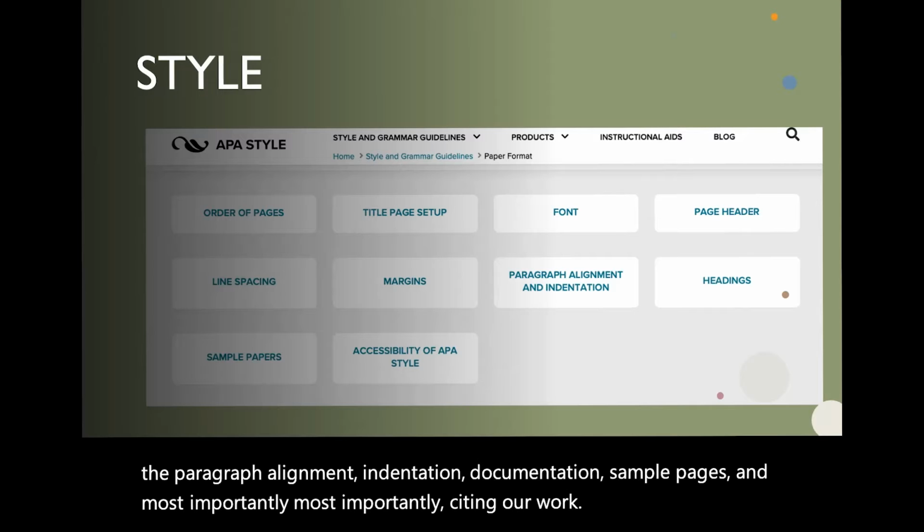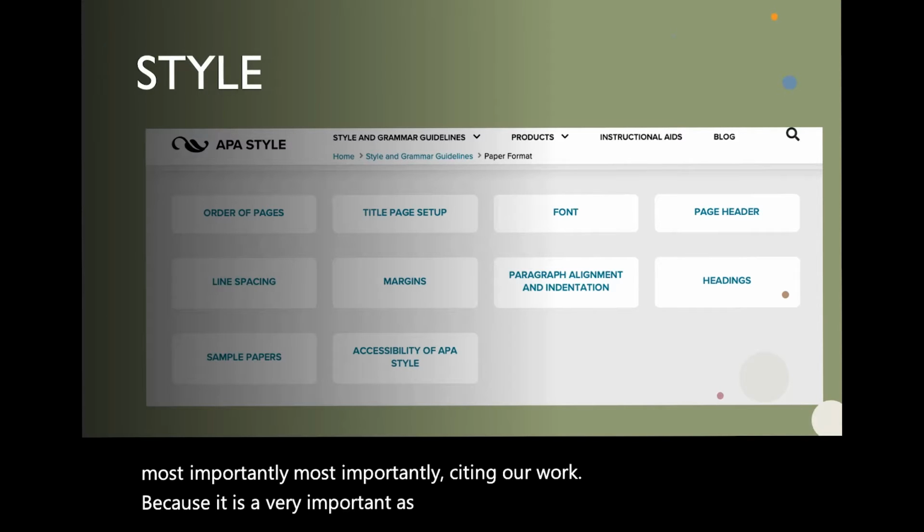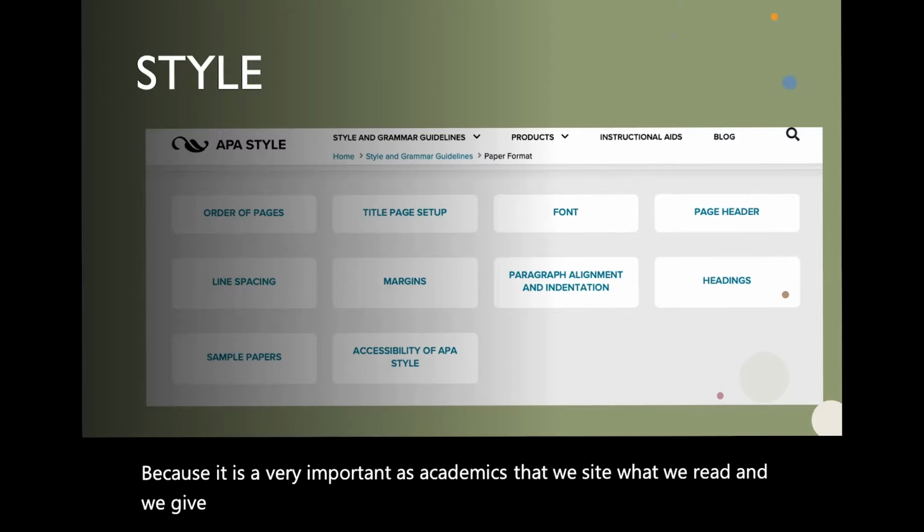Because it is very important as academics that we cite what we read and we give credit to others for the work that they have shared that are not our original thoughts.